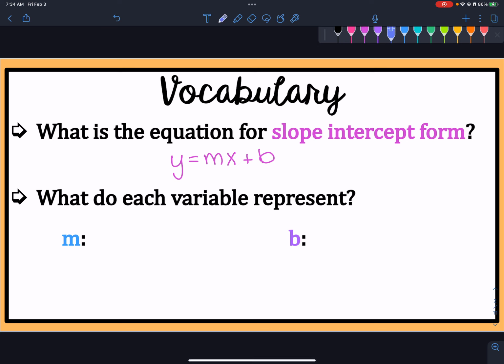Well, m is our slope. And if you remember, slope is rise over run. And b is our y-intercept. This is where our graph hits the y-axis, okay? This is where it hits our vertical axis in our graph.